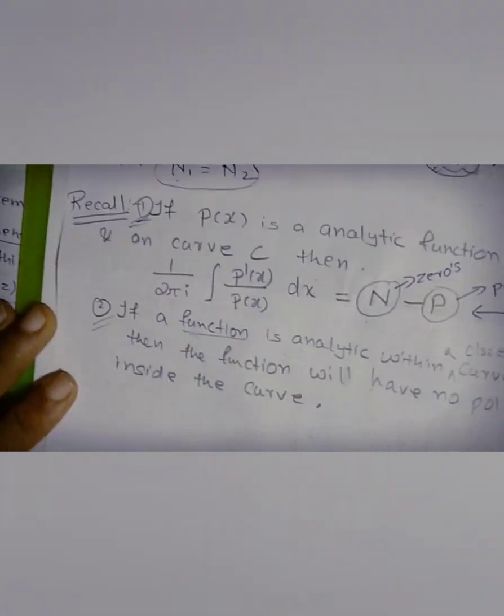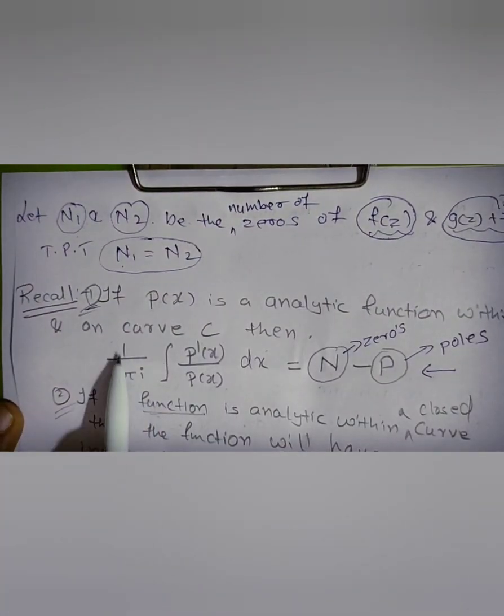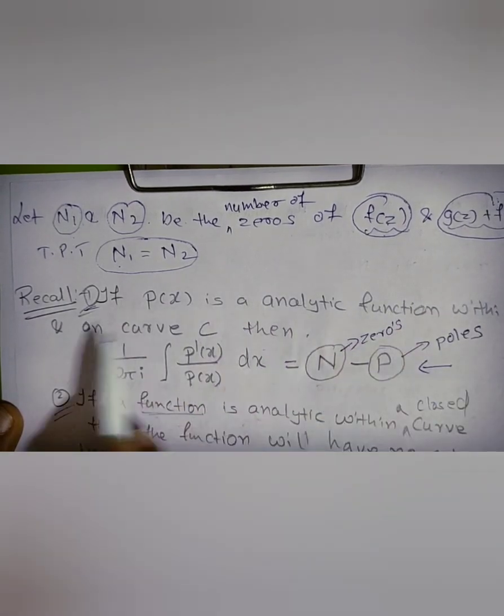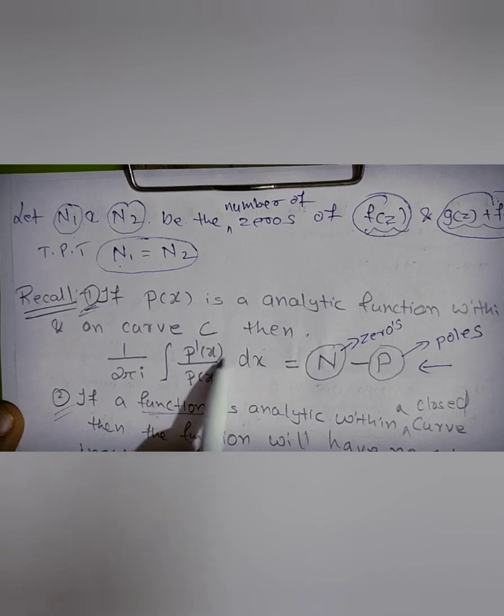So we know f of z is an analytic function. So this condition is getting satisfied. It's an analytic function within and on the curve C. All the conditions are satisfied for this particular function, so I can simply use this formula and get my n1.